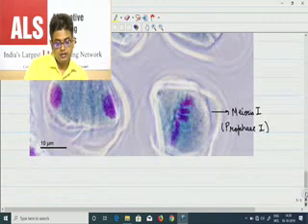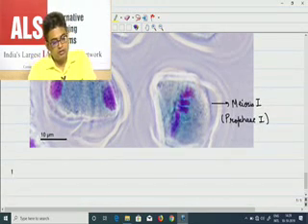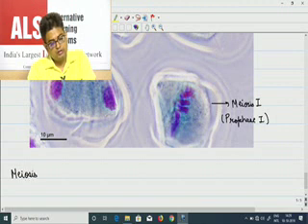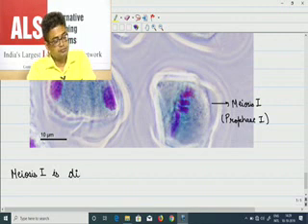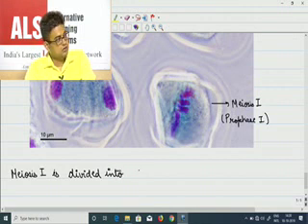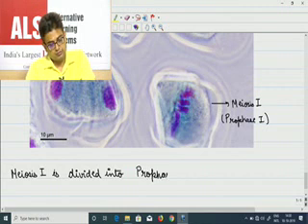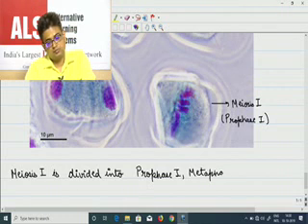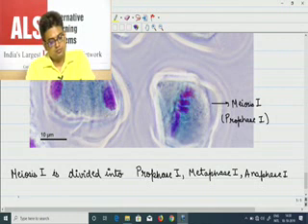So, please put the heading: meiosis 1 is divided into prophase 1, metaphase 1, anaphase 1 and telophase 1.